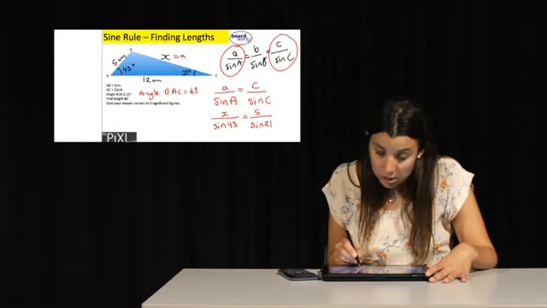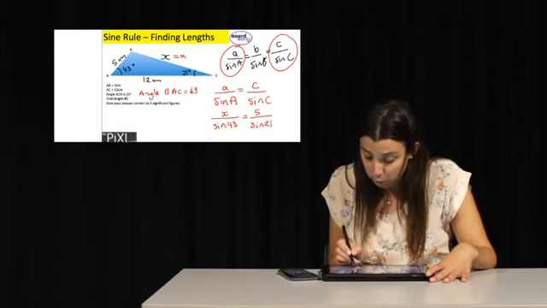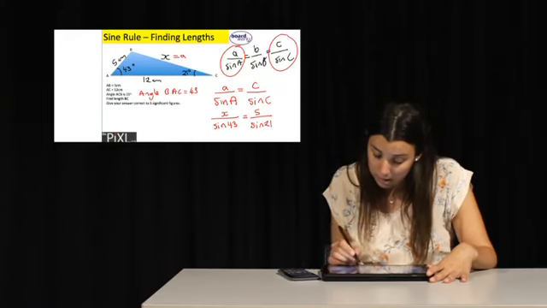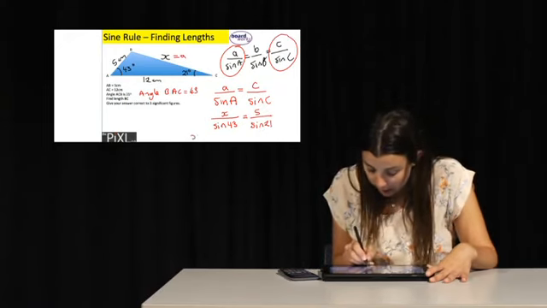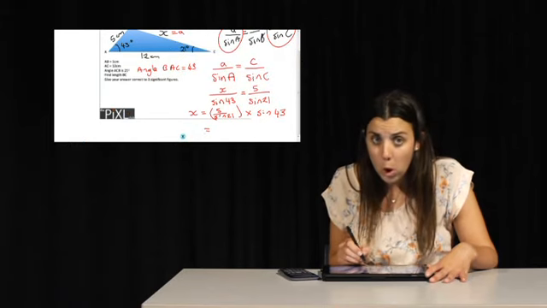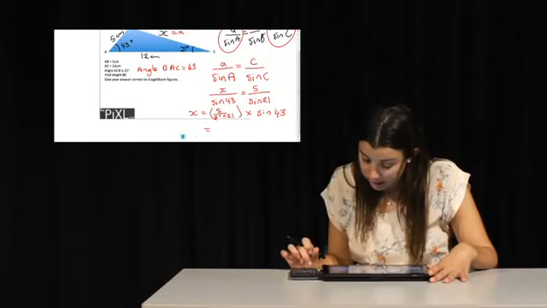So here we now need to find the x on its own. So we rearrange. Here we have x divided by sine 43, so we simply multiply this here by sine 43. So we have x equals 5 divided by sine 21, all multiplied by sine 43. We then type that into our calculator, making sure we do the first part separately.